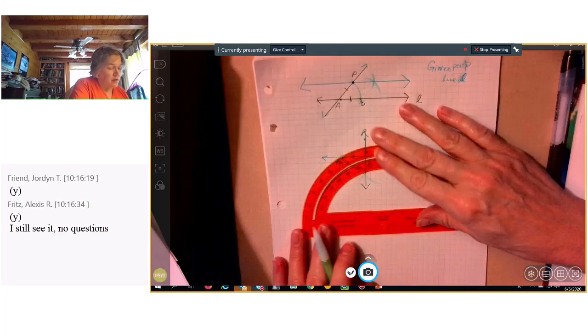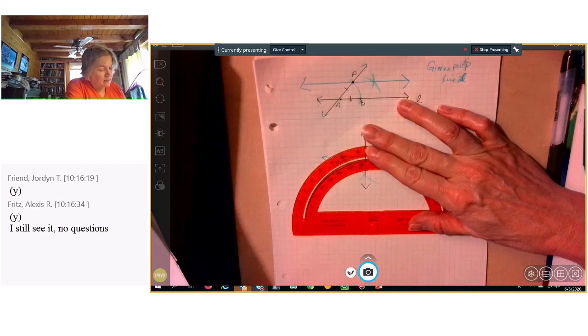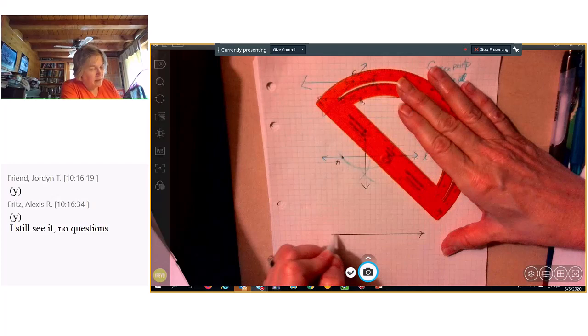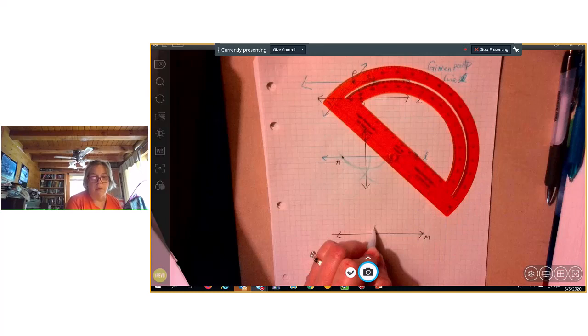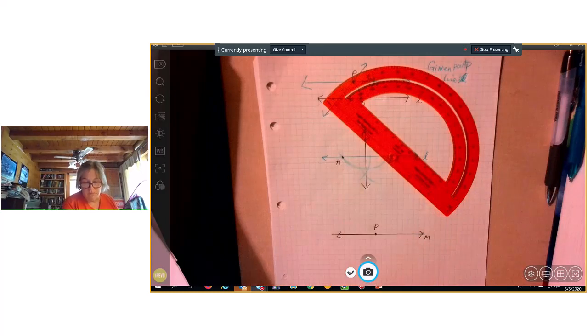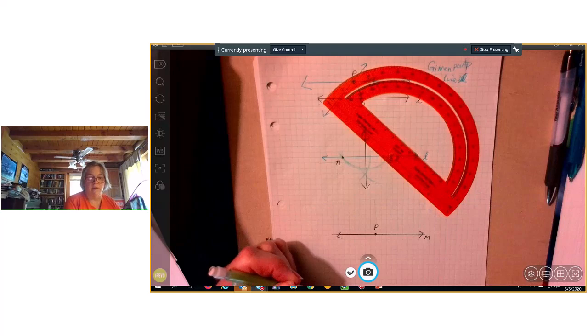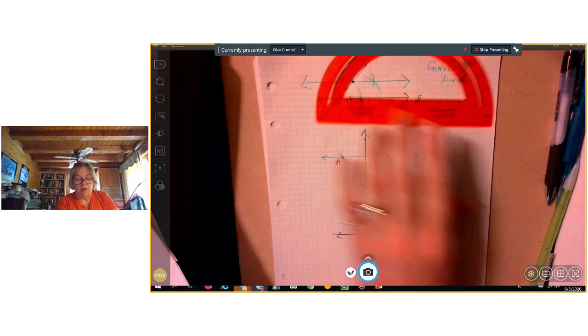What happens if we're given a line, and it's line M, and let's say you're given a point here on the line, and we're still going to call this point P. I want you to draw a perpendicular line through point P. Now, on graph paper, it's very easy to do, but if you've got white paper or no line paper, then that's going to be a little bit harder.